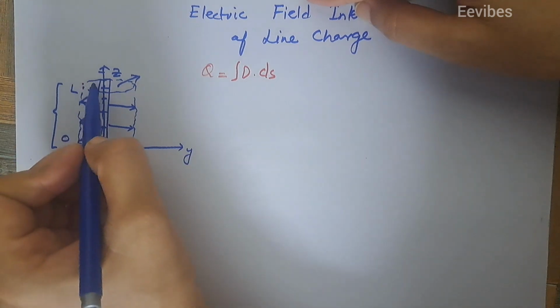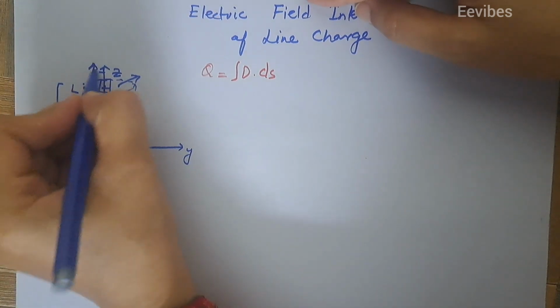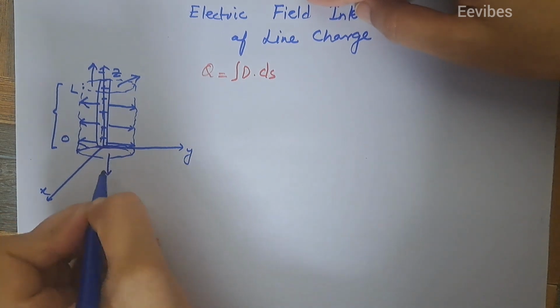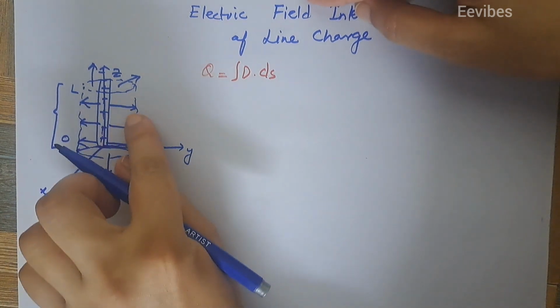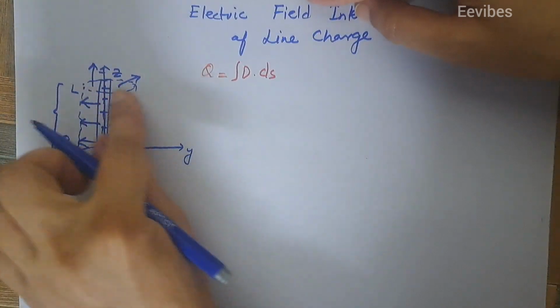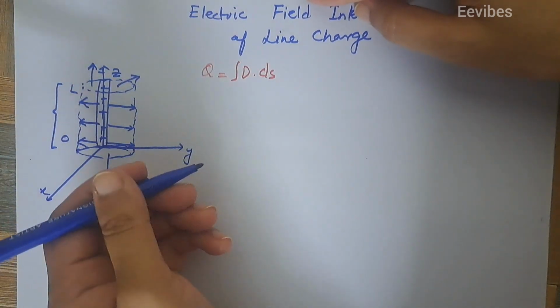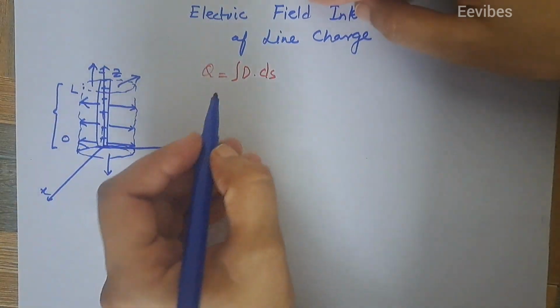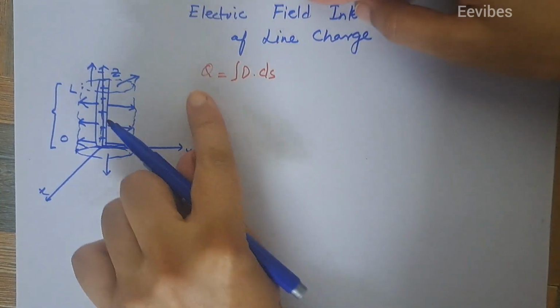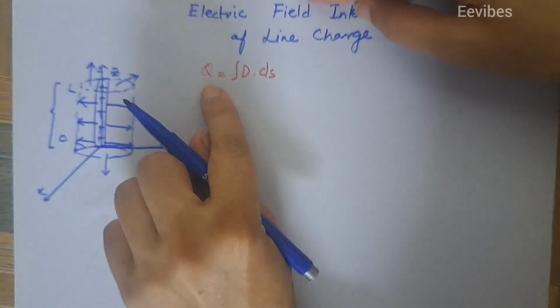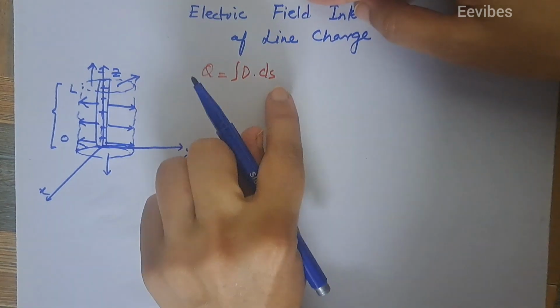The first one is the top surface, which is pointing upward. The second one is the bottom surface, which is pointing downward, and the third Gaussian surface is the cylindrical surface, which points in the direction of rho, or the radius. Now coming back to the basic formula of Gauss's law, we have Q equal to the integral of D dot dS.